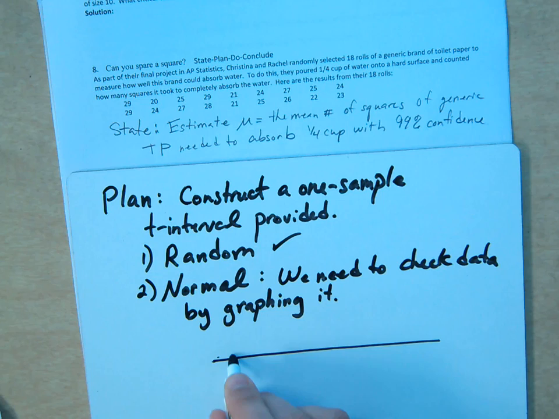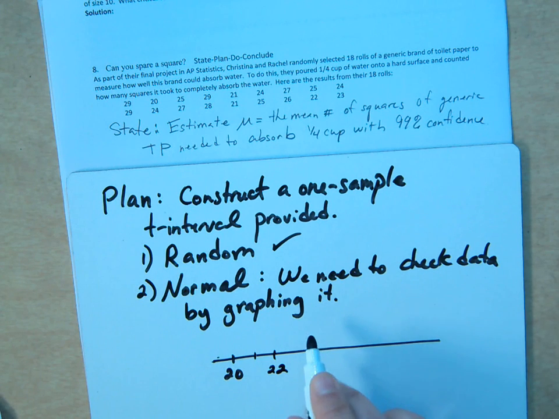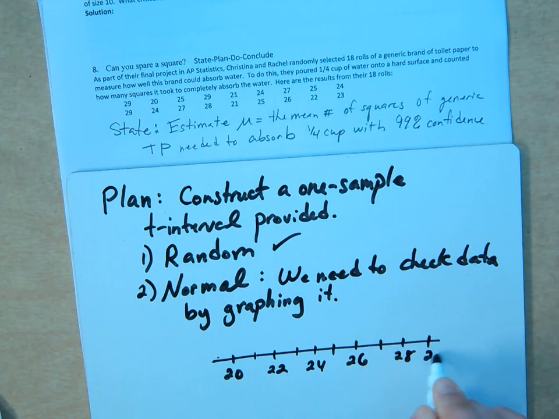Let's see here, 20, 21, 22, I'll label every 2, 23, 24, 25, 26, 27, 28, 29, 30, and I plotted the data that we have.